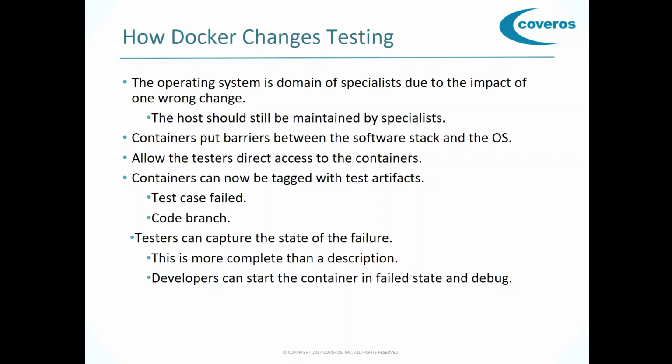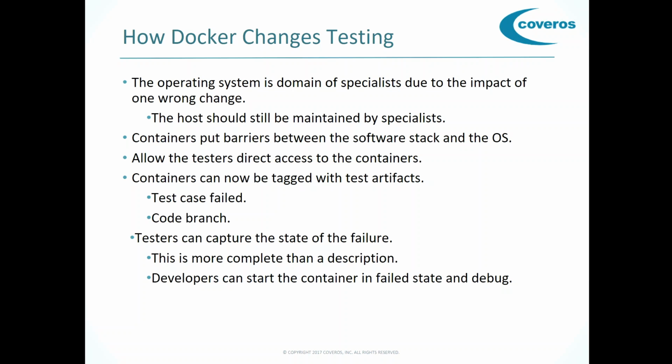Now, what Docker allows us to do is isolate those services, put them in the hands of the developer. The host should still be maintained by those specialists, but something very nice happens. We put all of the change, all of the difference between the different servers in the developer's hands, and the specialists can maintain uniform Docker hosts across the organization.